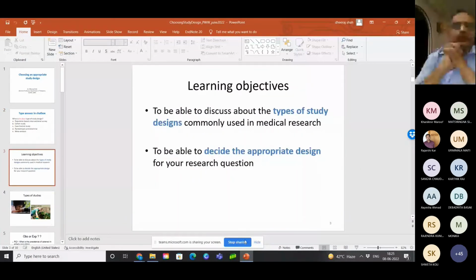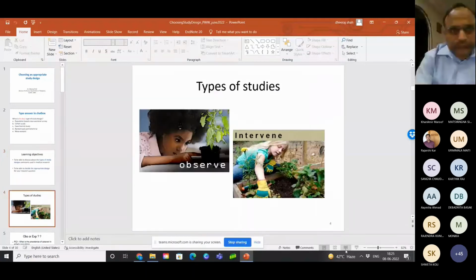The objectives of this session are to discuss the types of study designs which are commonly used in medical research, and to be able to decide the appropriate design for your research question. Your research question determines the type of study, not what is the best. There are mainly two types of study designs.